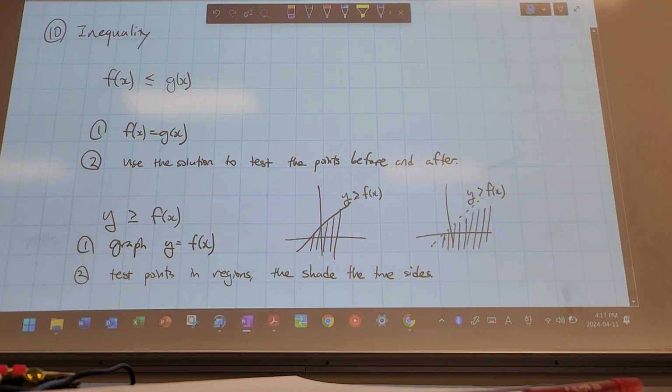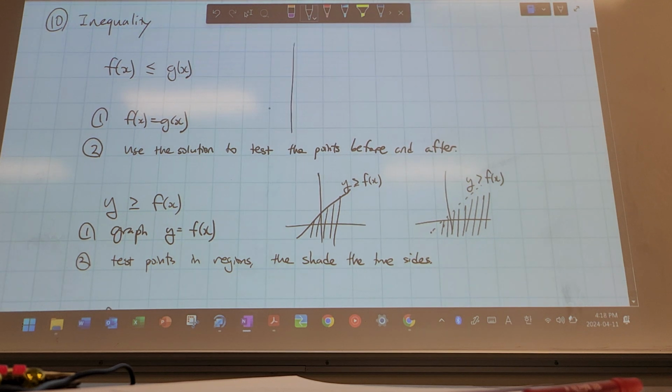The first one, f of x is less than or equal to g of x, is more useful. It's going to look something like this: you have this, and this is f of x, and this is g of x. Then you find the intersection points, these two points, and since f of x is less than g of x, we shade the inside part.